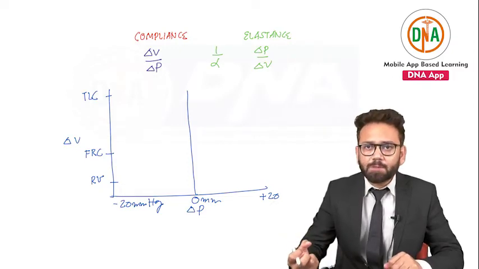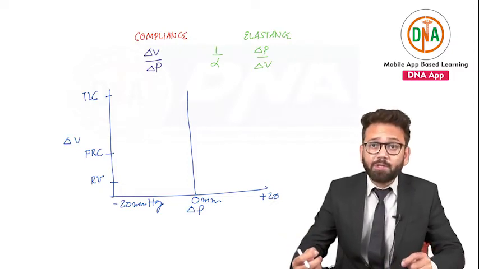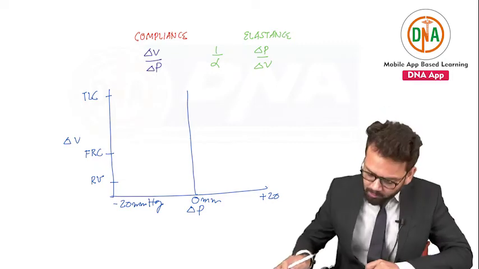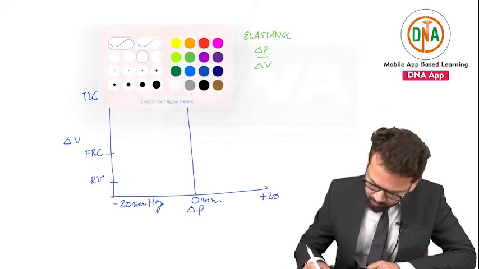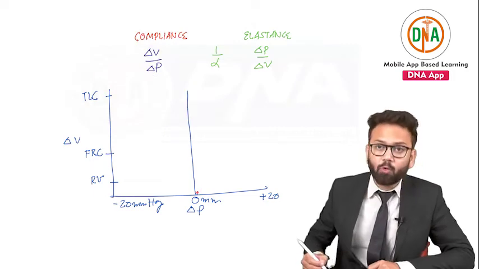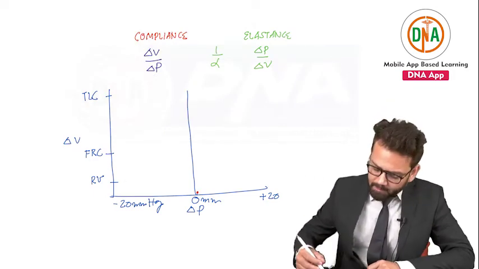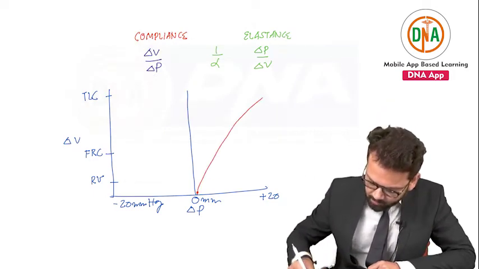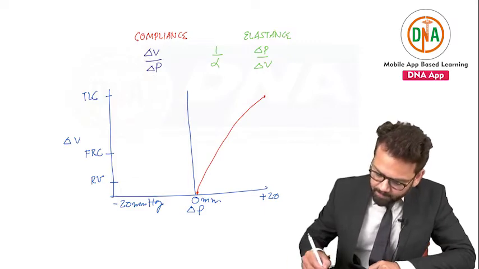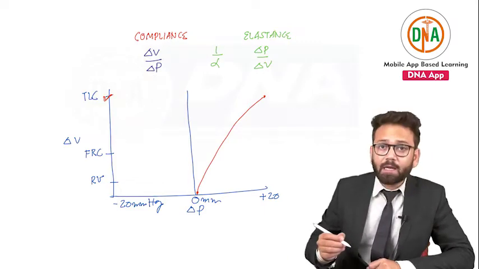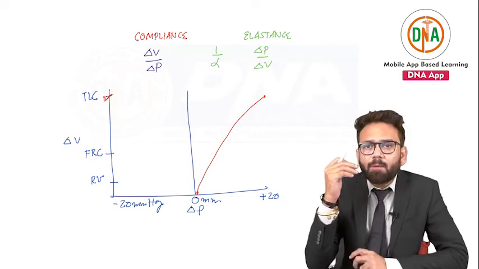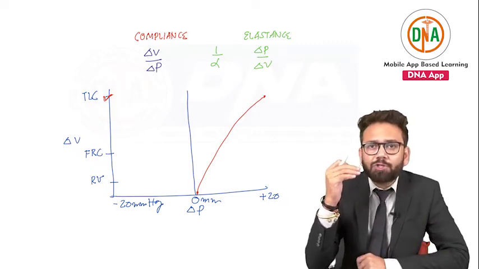Then the lung will collapse. So at 0 mm Hg pressure, what will the volume of lung be? It will be 0. And if we fill air in the lung, what will it occupy? Total lung capacity. As we know, the maximum volume the lung can occupy is total lung capacity.